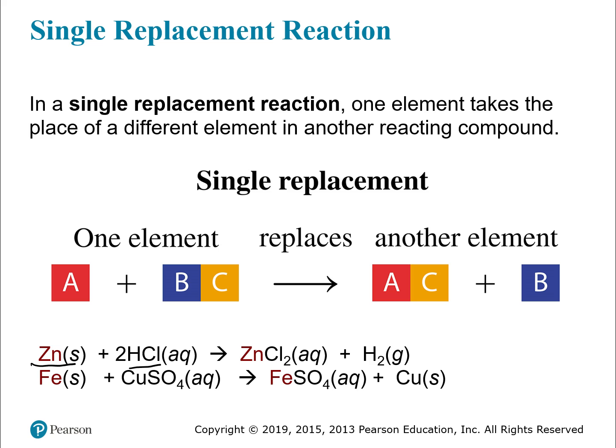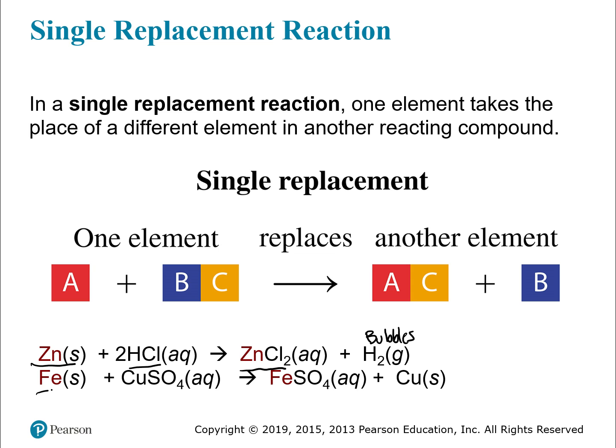What will happen is you'll see some bubbles form. And those bubbles are hydrogen gas. You'll also start to replace the hydrogen in solution with zinc. So you'll make zinc chloride. It's a clear solution, so no pretty colors there.